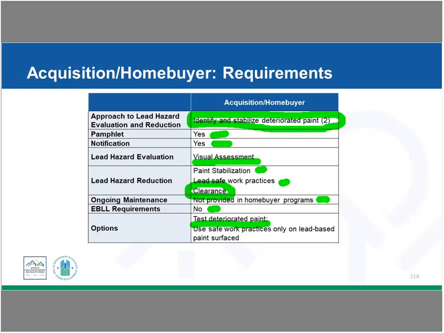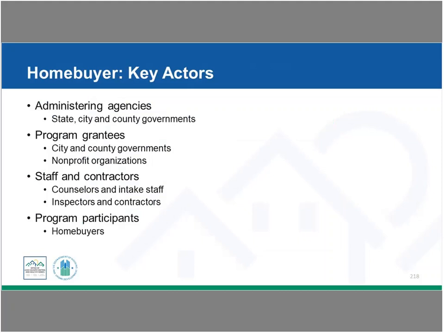The rest of the deteriorated paint that is non-lead-based paint could be handled by the owner's maintenance staff. So keep in mind that that testing option may be a way to reduce the scope of what you're actually working with in addressing those issues.